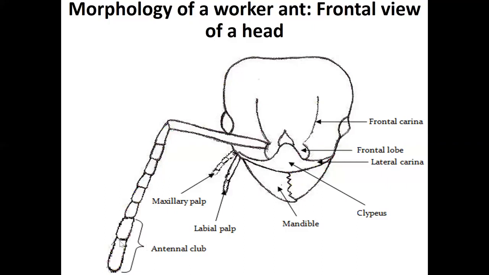Club means two segments may be enlarged to form a section which is different from the other segments. And here in the clypeus, you might see this part is of this shape, and sides are narrow, right? So narrow sides are called lateral carina.